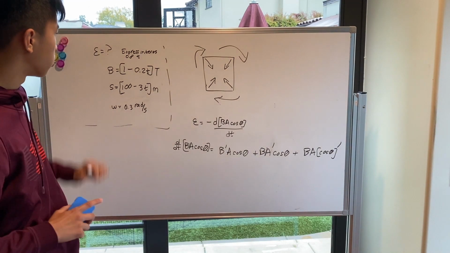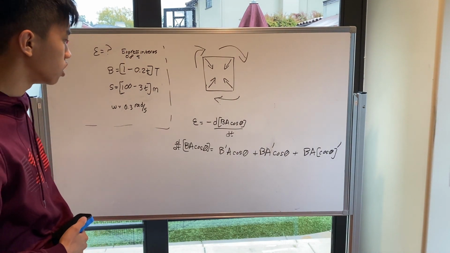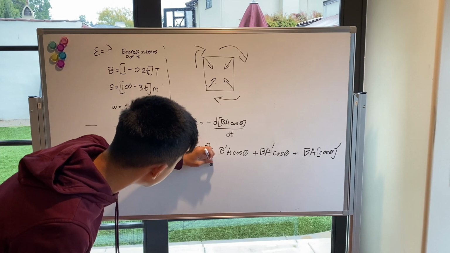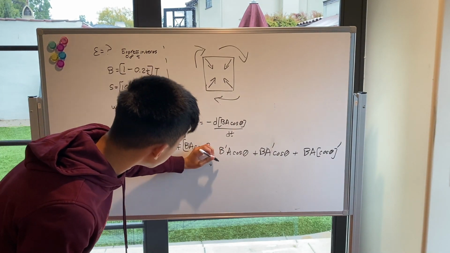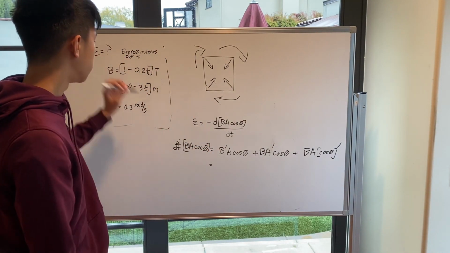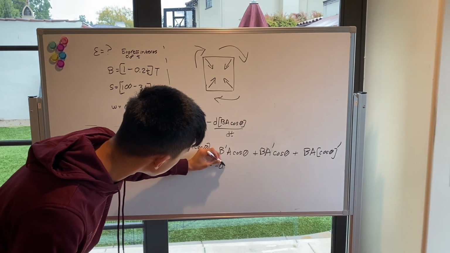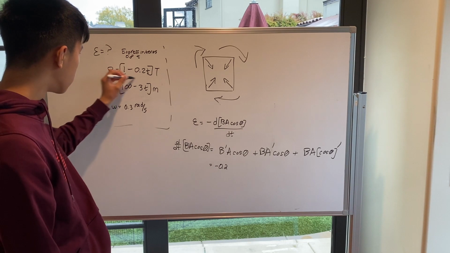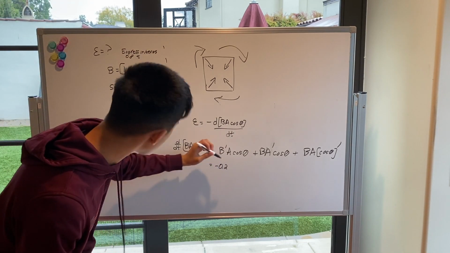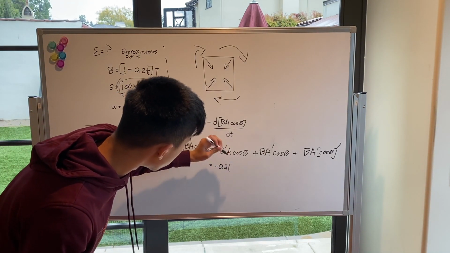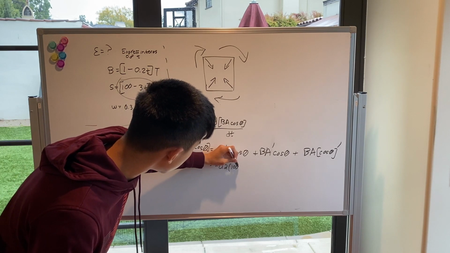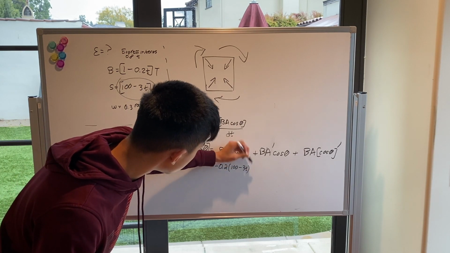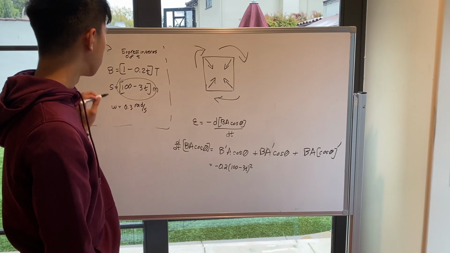So if we have to express this in terms of t, well, let's see. B prime is negative 0.2 if we differentiate that using the power rule. A, well, that's just whatever this quantity is squared, because that's the area of a square. So (100 minus 3t) squared times cosine theta.